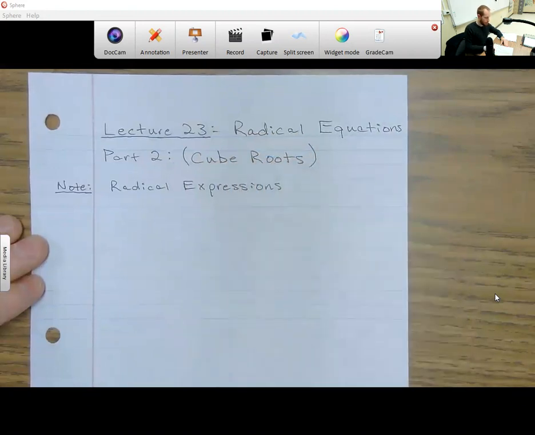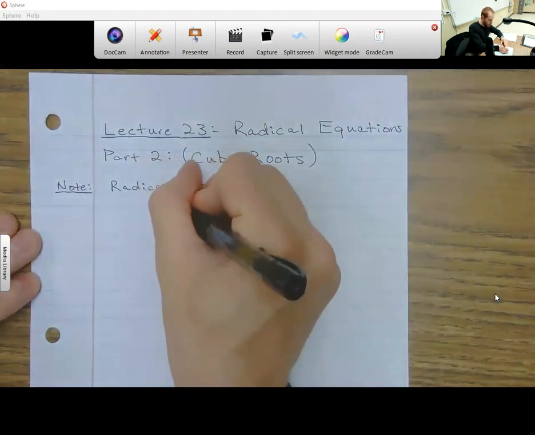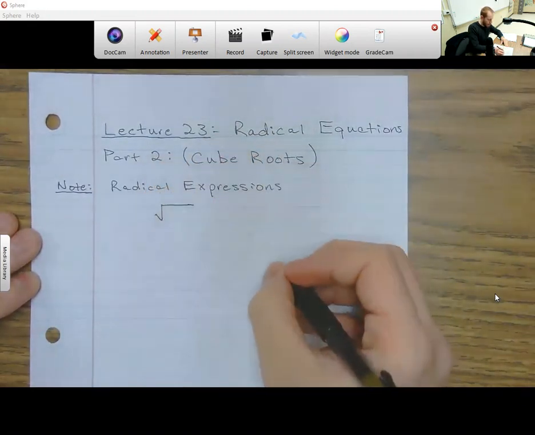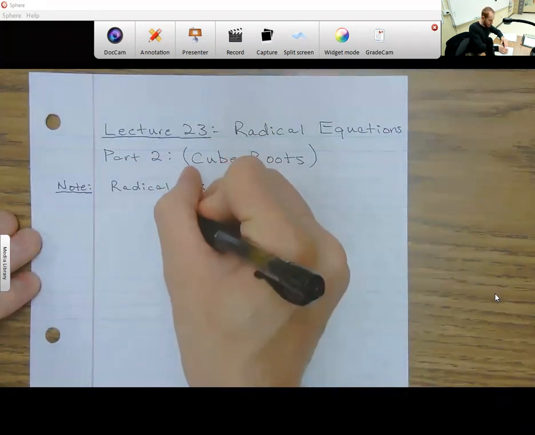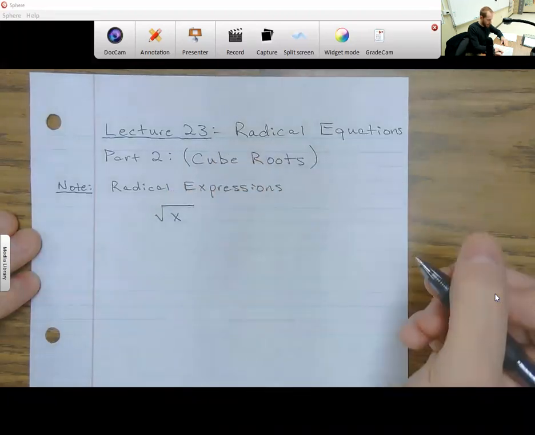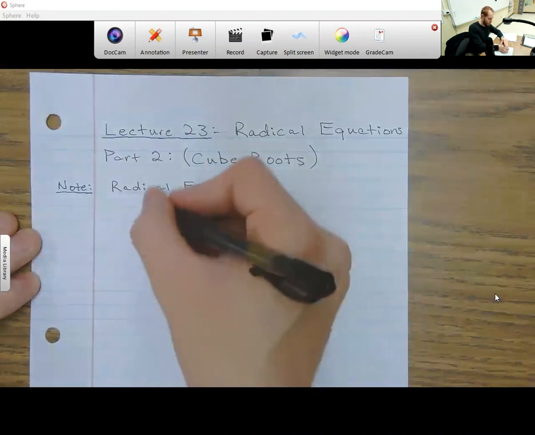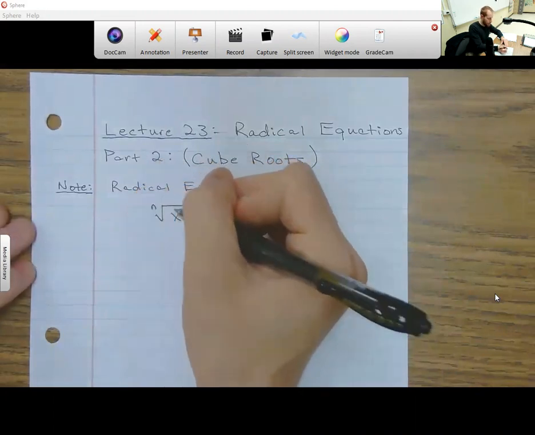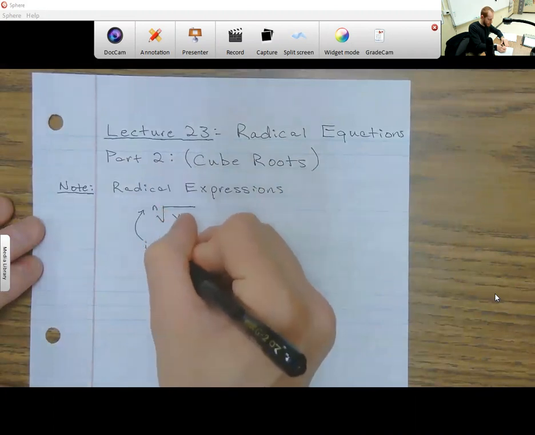Okay, so for any radical expression, you are going to have a radical sign. You're going to have something inside the radical sign, let's just call it x for now. And you're going to have an index, which is a number on the outside, so I'll just put an n on the outside. So this is the index.